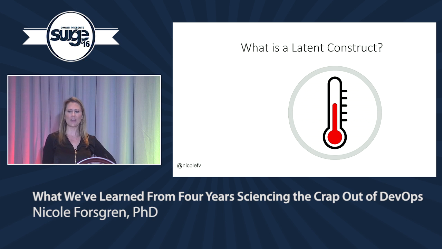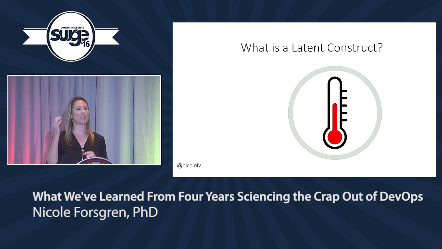If I want to capture the temperature of a room, I can ask someone and get a number. If I want to ask what your happiness is, that's a little tricky. What if I want to ask about culture? We just heard about the importance of culture at JPL. Culture's really hard. How do I find out the temperature of your culture? How do I get one number?